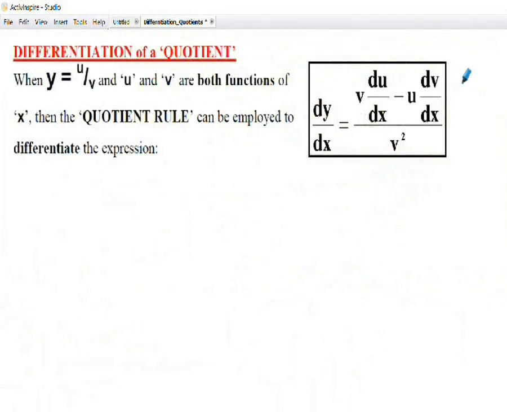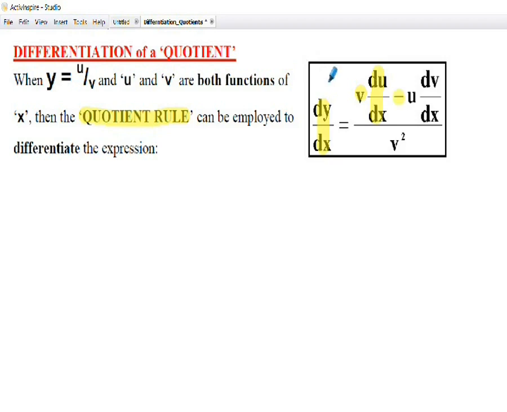To differentiate a quotient, we need to use the quotient rule. It's stated here without proof to save time on the presentation. I'm primarily going to look at the application of the quotient rule in solving quotient problems. With the quotient rule, the first differential, which is what we're trying to find, dy by dx, is equal to v multiplied by the differential of u with respect to x.